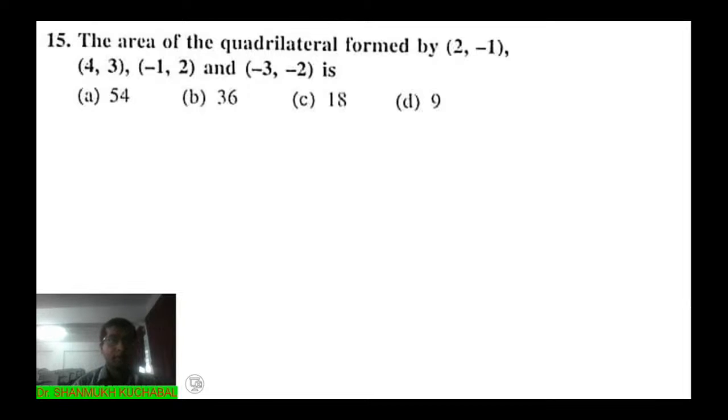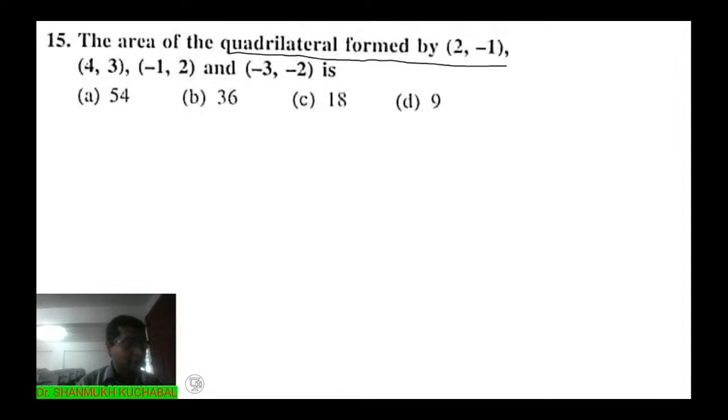So the first example: the area of the quadrilateral formed by (2, minus 1), (4, 3), (minus 1, 2) and (minus 3, minus 2) is given by.